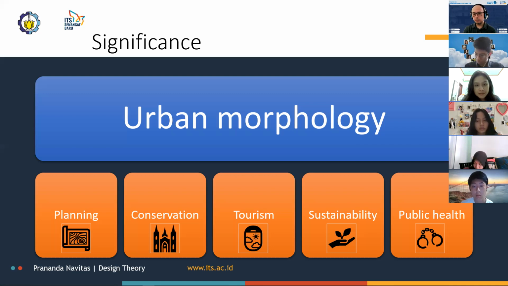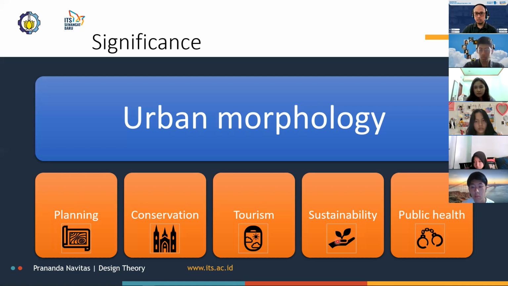So urban morphology itself is linked to various aspects of our discipline, namely spatial planning, and then conservation. Urban morphology is also linked to tourism planning, especially heritage tourism.